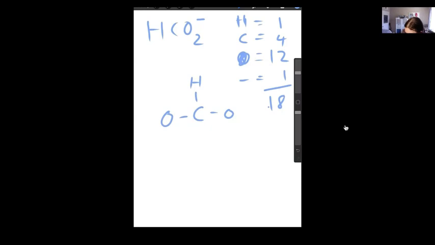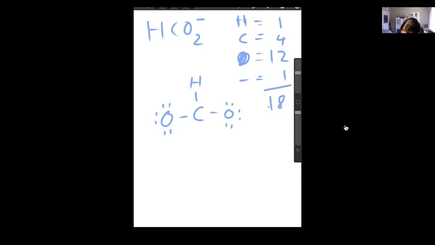So I'm just going to keep counting up to 18, starting with the outer atoms. And hydrogen, I'm not going to put any on because she already has 2 electrons in that bond. So here we go. 6, 7, 8, 9, 10, 11, 12, 13, 14, 15, 16, 17, 18. Okay, everybody, all the electrons have been placed.